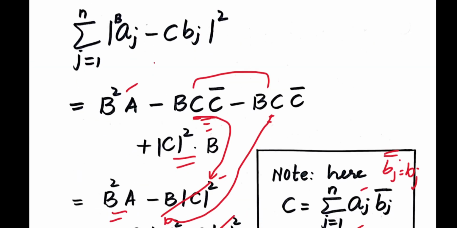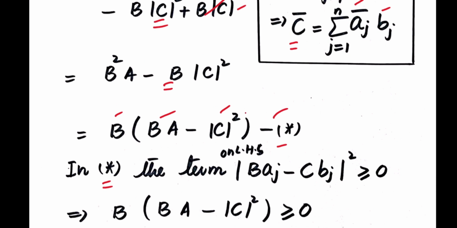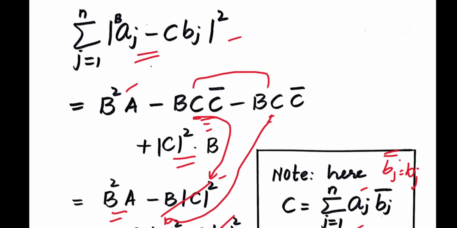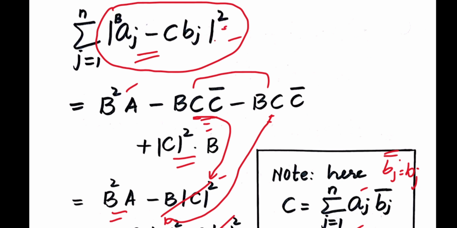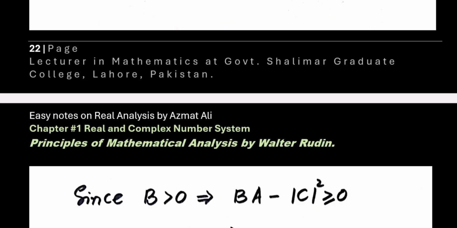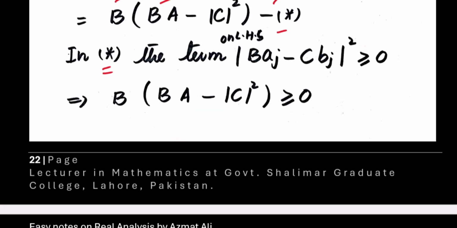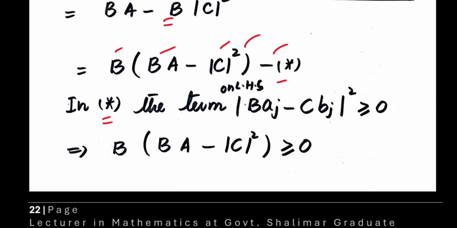This is my left hand side, and its answer is this. Now in the left hand side, you can see this is the modulus or absolute value of a complex number with square, so this cannot be negative. This will always be greater than or equal to 0. In star, this term is always greater than or equal to 0.